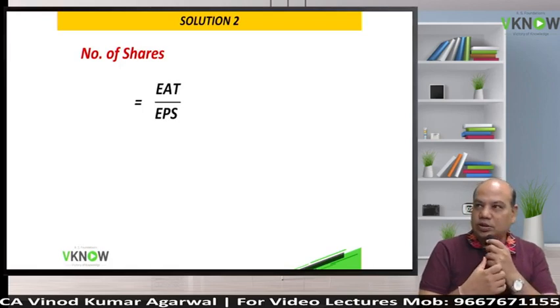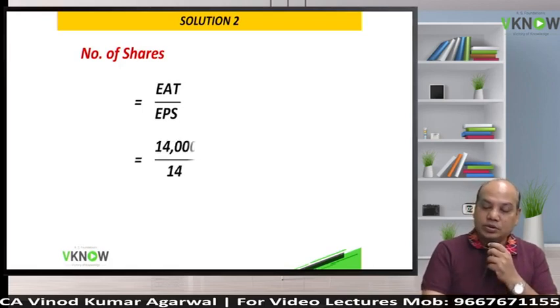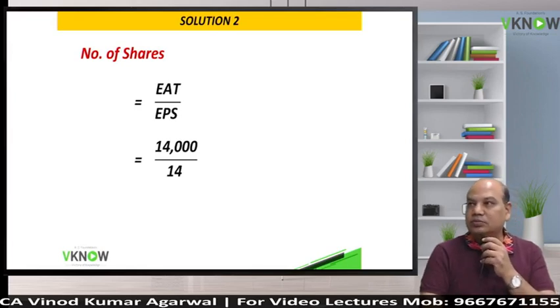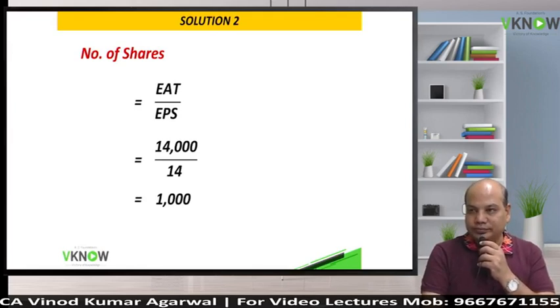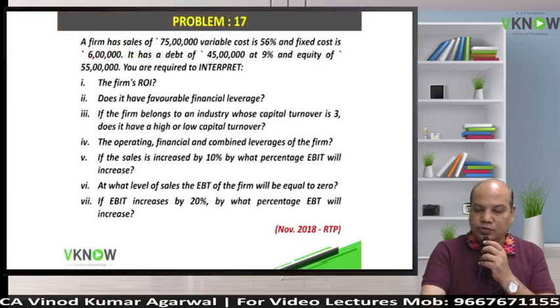EAT is 14,000 divided by EPS 14. Answer: 1,000. You will get 10 marks. Question number 35 is over.